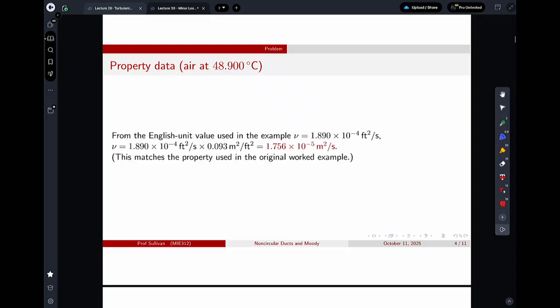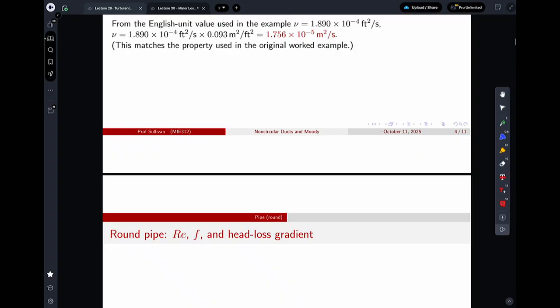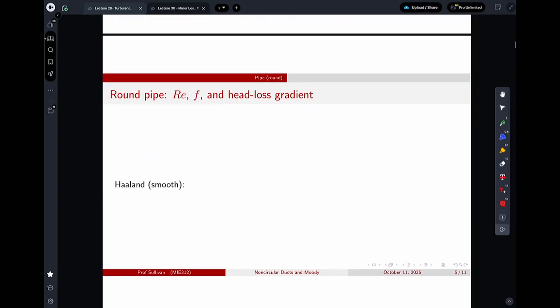So if I look it up in charts, I'm going to get nu equal to 1.89 times 10 to the minus 4 feet squared per second. And multiplying it across, converting it, I get 1.756 times 10 to the minus 5 meters squared per second. So this is, again, matching with the original solution.